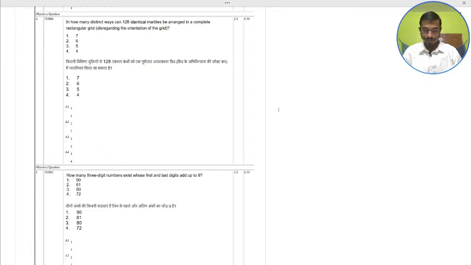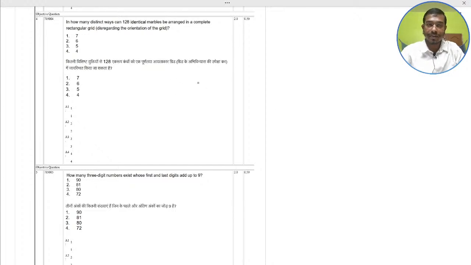Same question, just another type. The number of distinct ways in which 128 identical marbles can be arranged in a rectangular grid is determined by finding the factor pairs of 128.